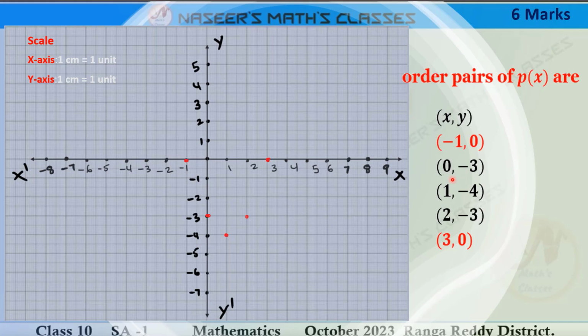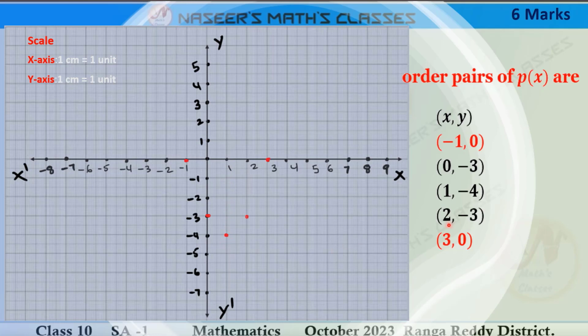Here x value is 0 and y value is minus 3. So from here we go downside, we get 0 comma minus 3 here. Next, ordered pair is 1 comma minus 4. Here x value is 1 and y value is minus 4. From here 1 we go minus 4 down, then we get the required point 1 comma minus 4.